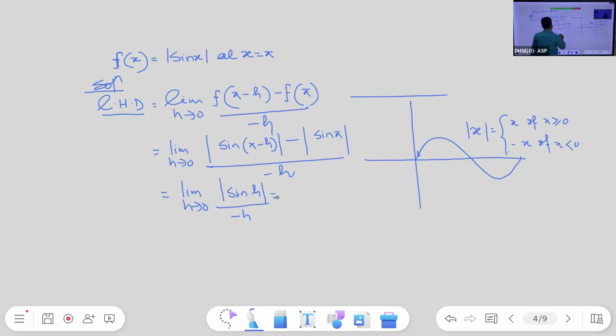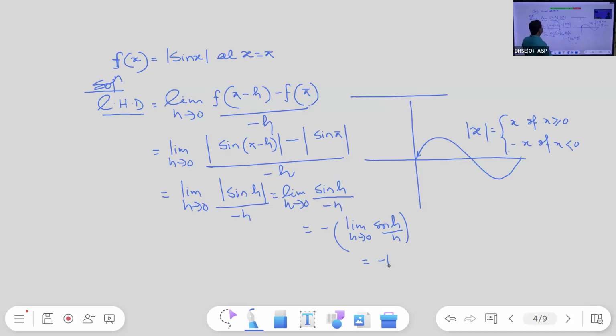This is equal to limit h tending towards 0, sin h upon minus h. We can take minus outside of the limit, minus of limit h tending towards 0 sin h upon h, and sin h upon h is 1, so this is equal to minus 1. I hope it is clear to you. Then we find that the left-hand derivative exists and it is equal to minus 1.